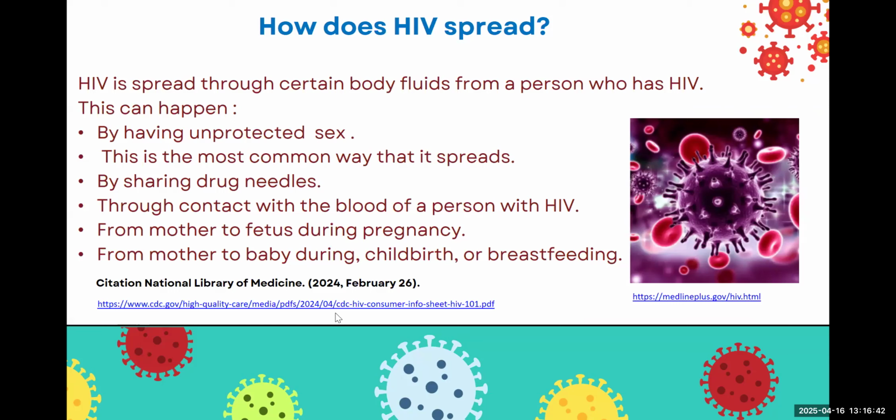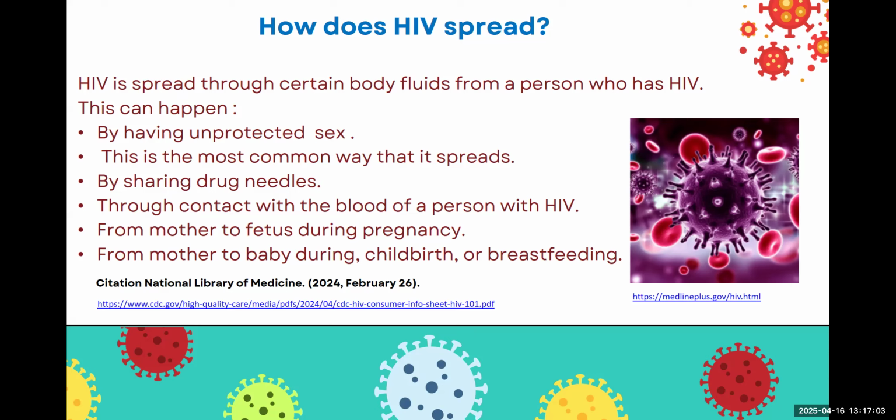And if we're talking about the ways HIV spreads, we can find that the virus can spread through the body by unprotected sex, and this is the main and most common way that spreads the virus.